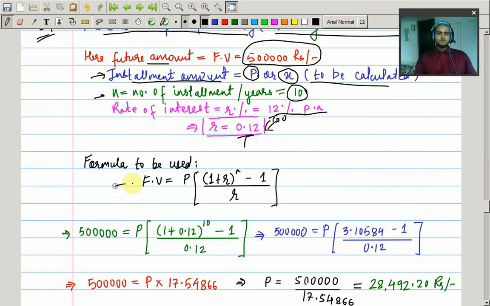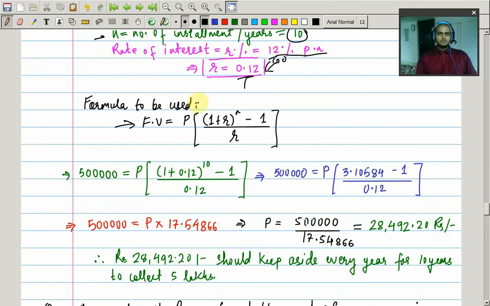Formula to be used, obviously I will use future value of annuity. So this is the formula I'm using here. So future value FV is 5 lakhs. This is unknown installment. We need to calculate 1 plus r, r is 0.12 raised to 10 minus 1 upon r, 0.12. 5 lakhs.